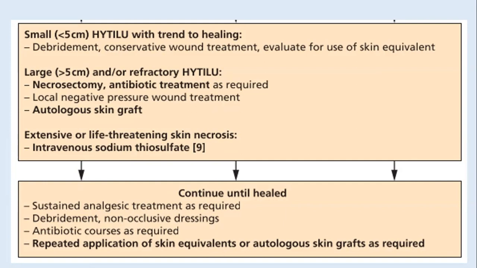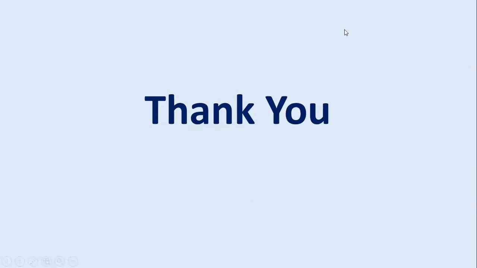For extensive or life-threatening skin necrosis, intravenous sodium thiosulfate. For continued healing, sustained analgesic treatment, debridement, non-occlusive dressings, antibiotic course as required, and repeated application of a skin equivalent or autologous skin graft. So this brings to the end of this talk.